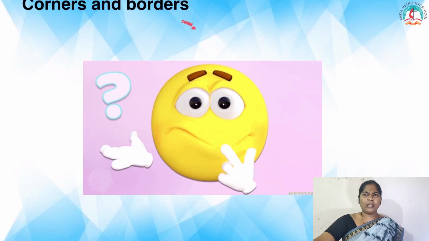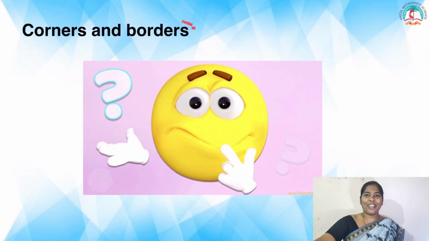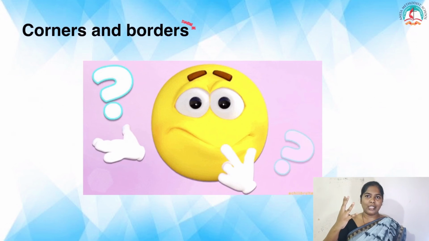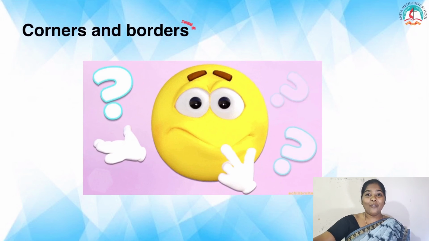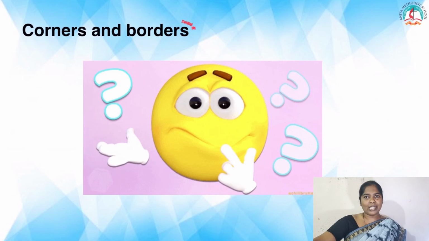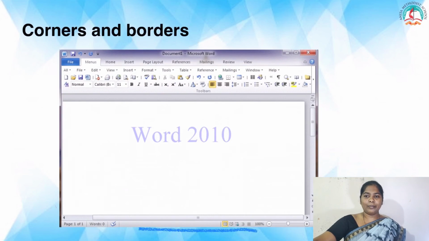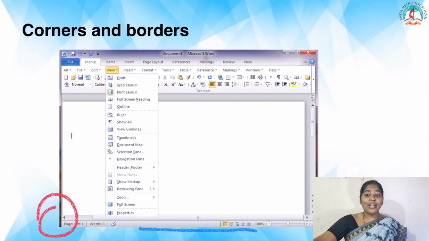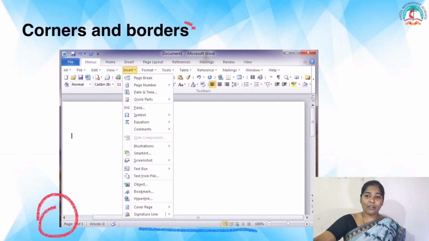Okay, the last one, corners and borders. From the name, if it is a square shape, how many corners do we have? 4 corners. How many borders? 4. In the same way, the document window also has corners and borders. So look here, this is the Word document. How many corners do we have?